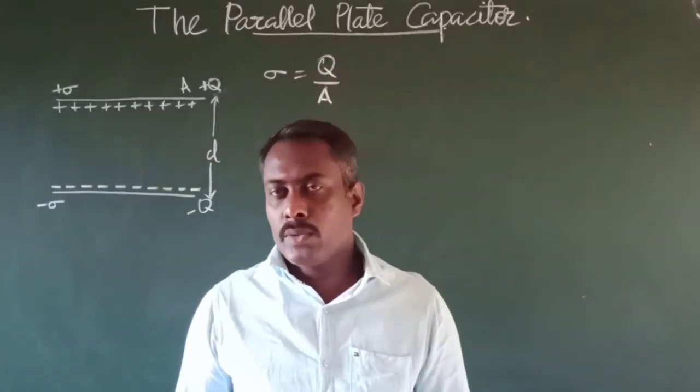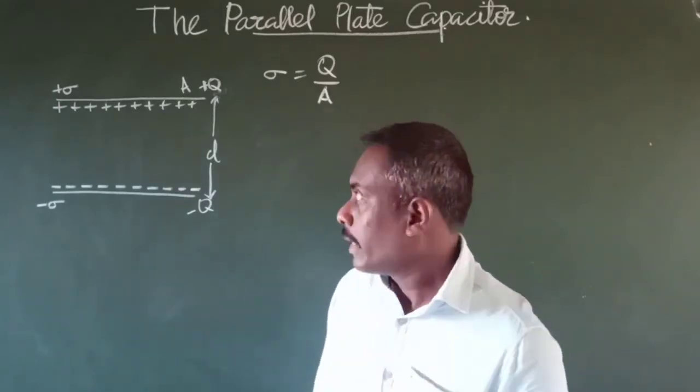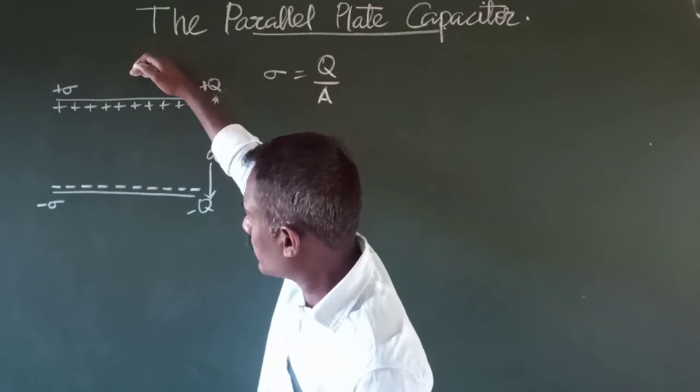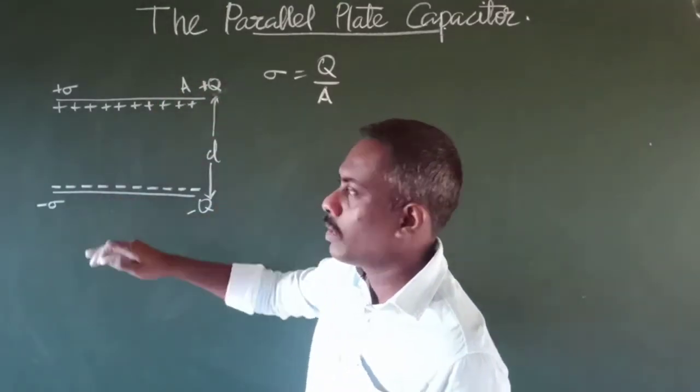Now we are going to discuss the electric field in the outside region of the two plates. This is taken as region 1, and this is taken as region 2. Since the two plates have opposite charges, the electric fields produced will cancel each other.